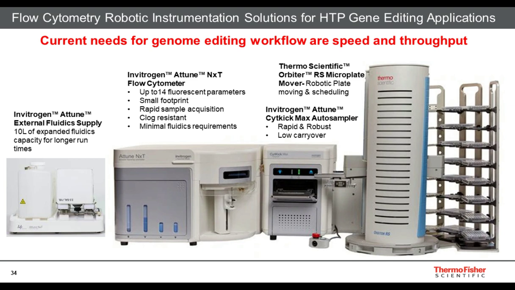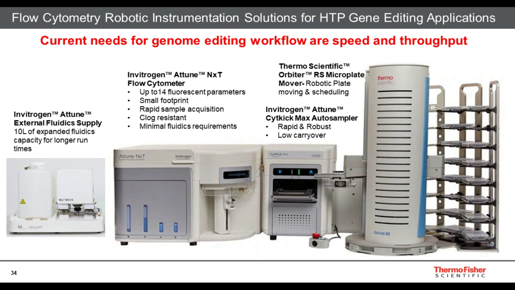So I'd like to show you one picture of an example of the Attune. Really, in genome editing, one of the most important things is being faster, right? To be able to get our answers faster and get these studies done more quickly, of course, with the level of rigor we need for analysis as well.